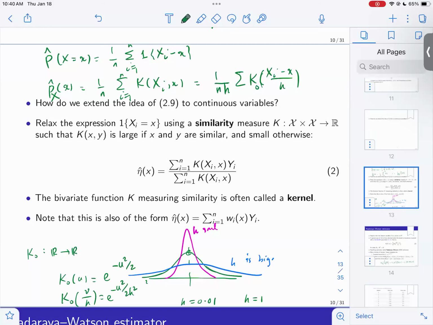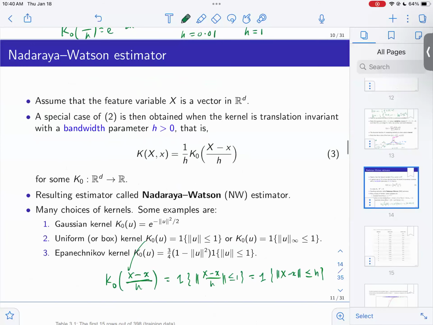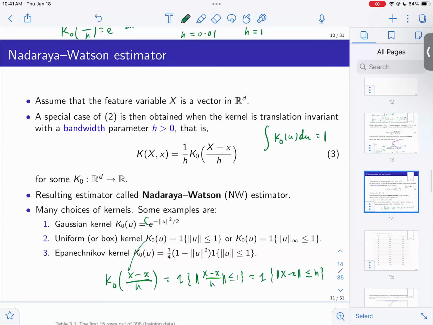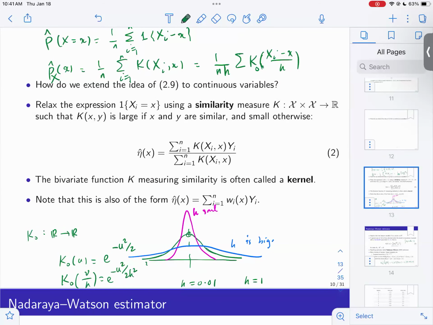Okay, so here h matters. The reason why people do this is that usually, I didn't show it here, but let's say I normalize, there's a constant here. So usually you want the integral of k naught u du to be 1. If this is 1, then the integral of this is also going to be 1. So when I integrate this thing against dx, the integral goes in.